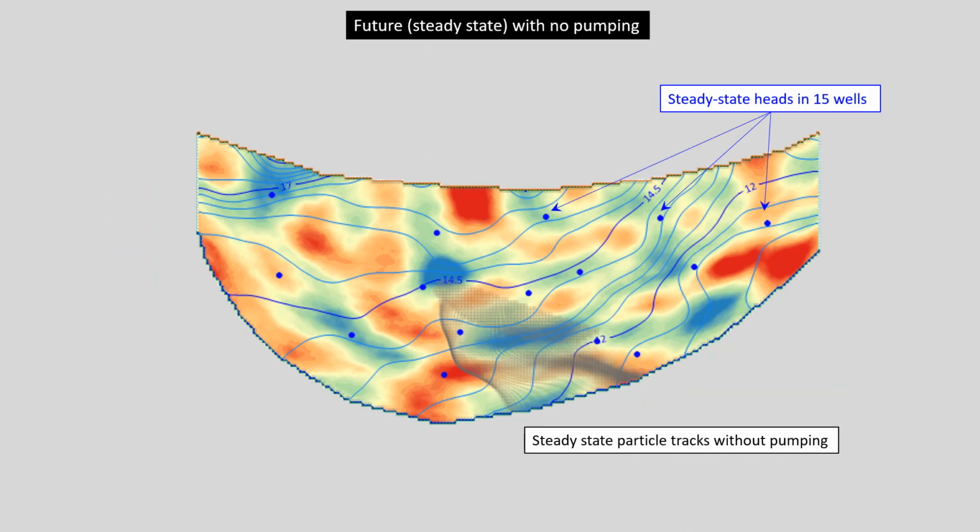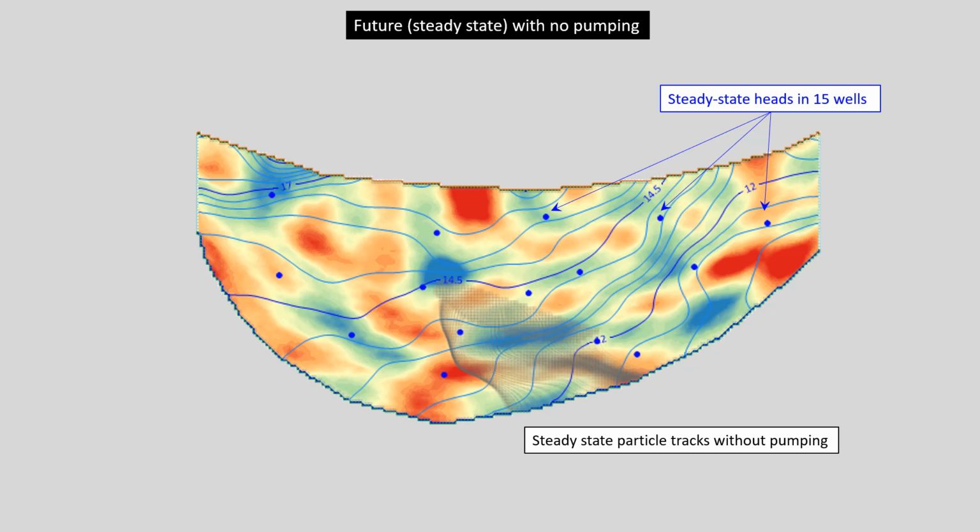We're assuming that we have a calibration data set which is comprised of heads in 15 wells spread throughout the model domain, some of which coincide with pumping wells. So this is our calibration data set. This is what we can use to constrain the uncertainty of predictions that are made by the real model if we used it, or the surrogate statistical model if we use that.